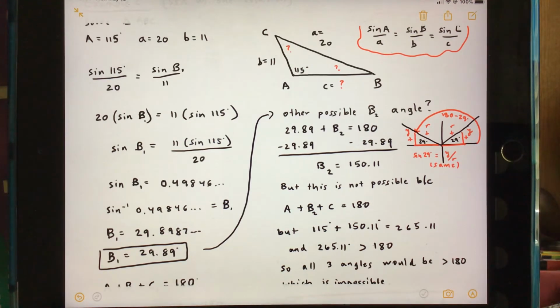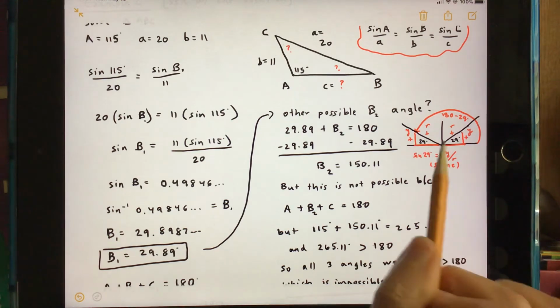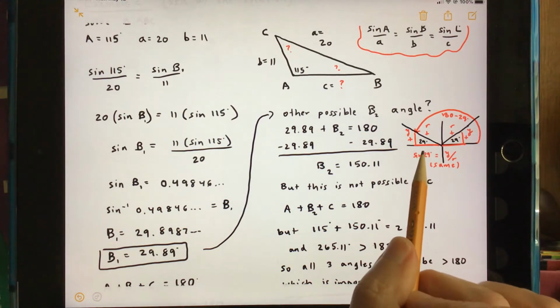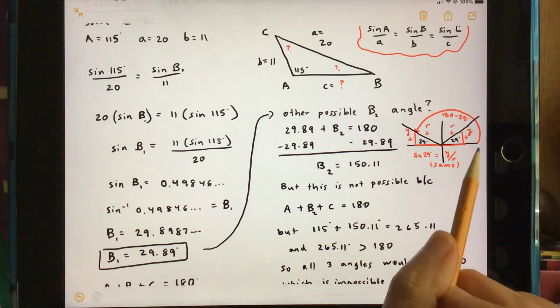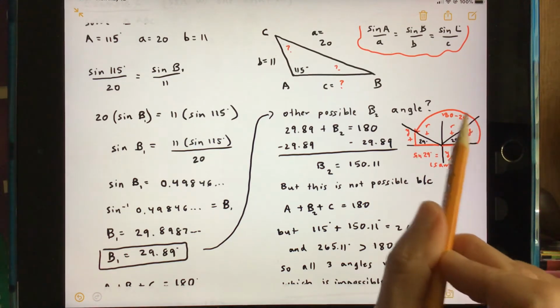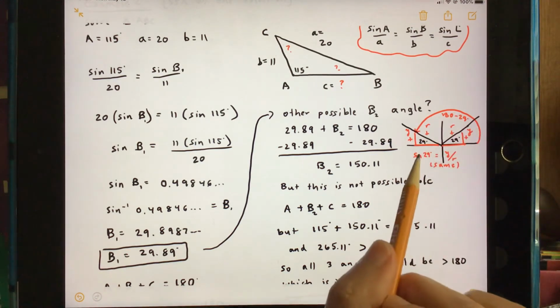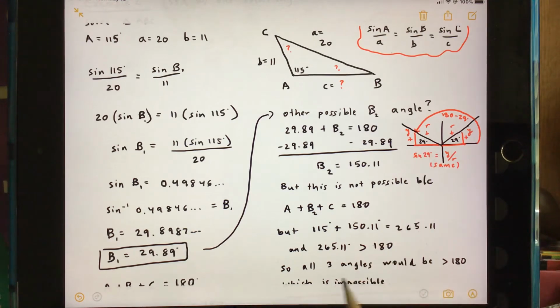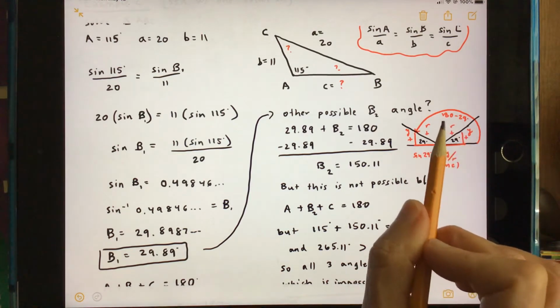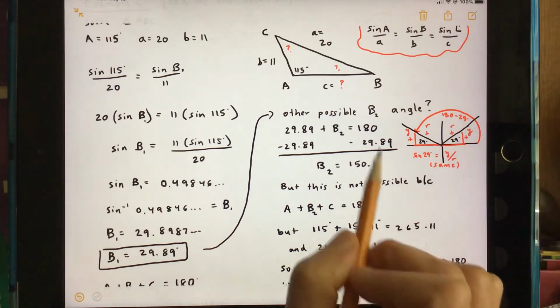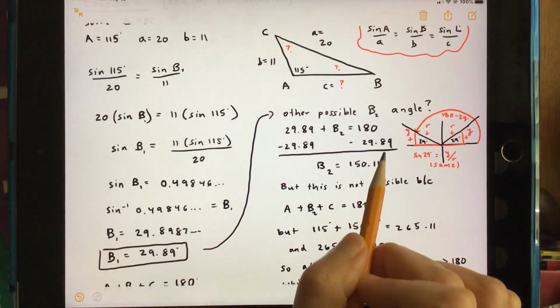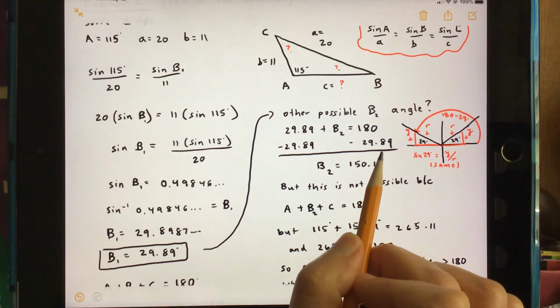So we have to consider what happens if we wanted to know the sine of the reference angle 29 degrees here in the second quadrant. So we would find the standard position angle for the second quadrant with the reference angle of 29 by subtracting 180 minus 29. And that's what I'm doing here, except I'm subtracting 29.89, the actual degree measurement.